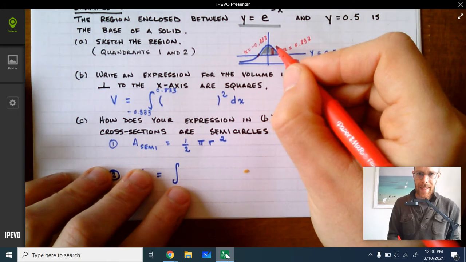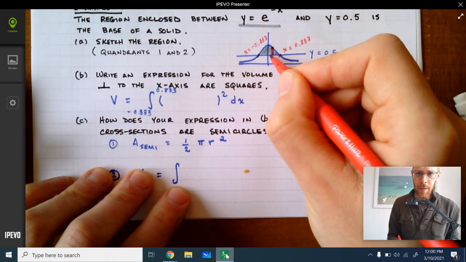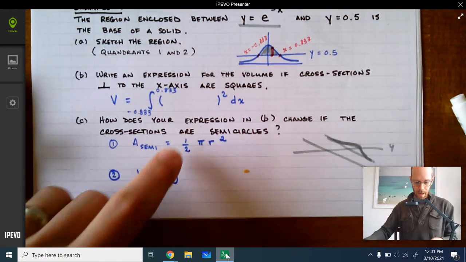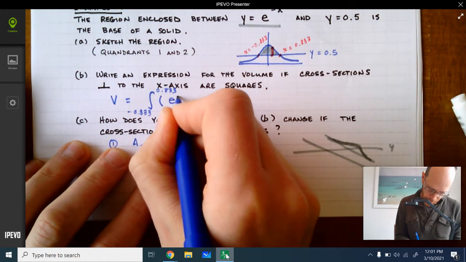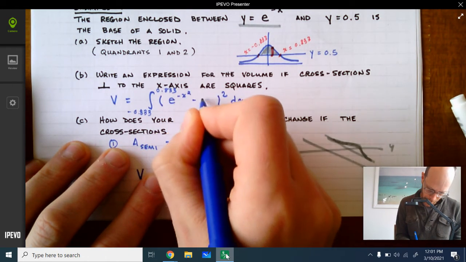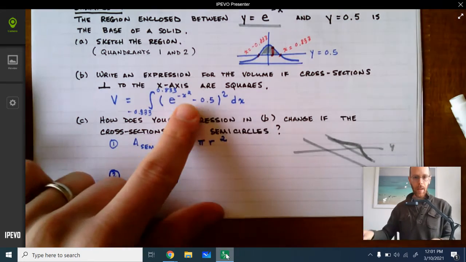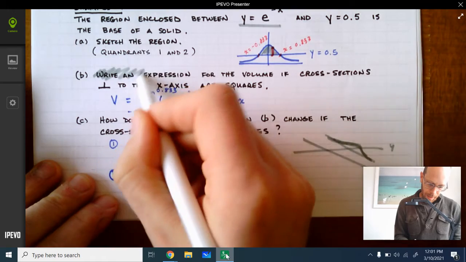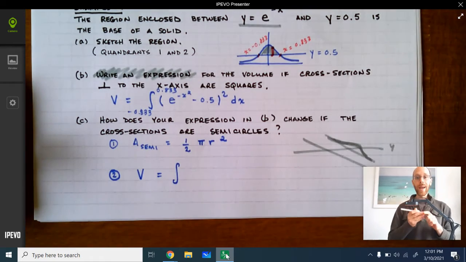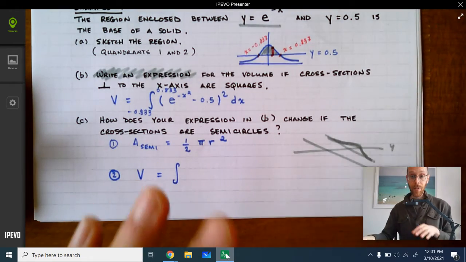The side length is the difference between the curve minus the horizontal line. So inside the equation, we should have e to the negative x squared minus 0.5. If you got that, you are good to go. It just says to write the expression, so you do not need to actually calculate the volume of the region.